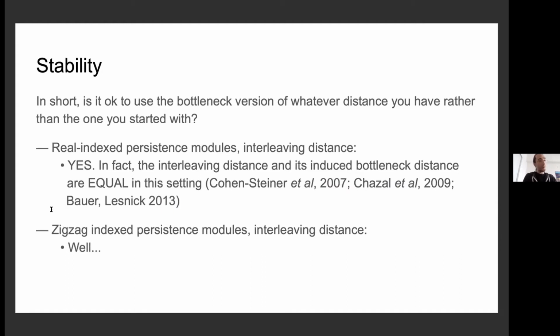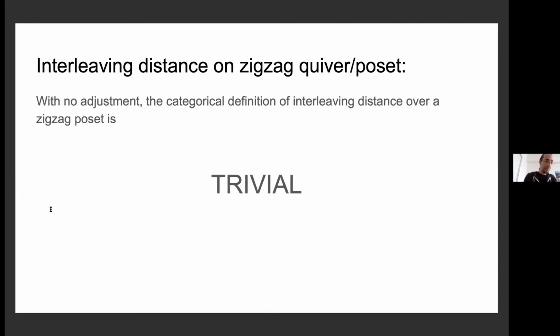Great, we would love to do something like that with zigzag persistence modules, and we're going to, after we just address one small thing, which is that if you don't do anything special, the interleaving distance on any sort of pure zigzag structure is completely trivial. Interleavings, if anyone knows the background of this, are built off of translations.